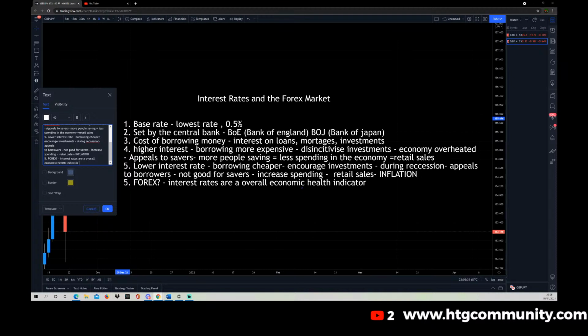So how that affects the forex markets is if you have an economy where things are not going very well, interest rates have to be cut. That's going to have a very damaging effect on its currency, right? Because that shows in terms of economic health that things are not going well in that economy. So naturally, money is going to be pulled and taken out of those economies, right? Because the economy is potentially going into that recession time.